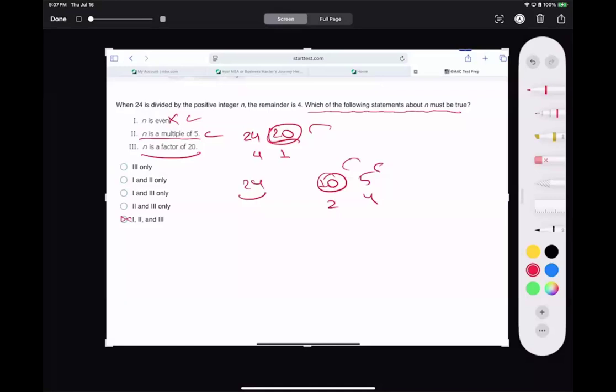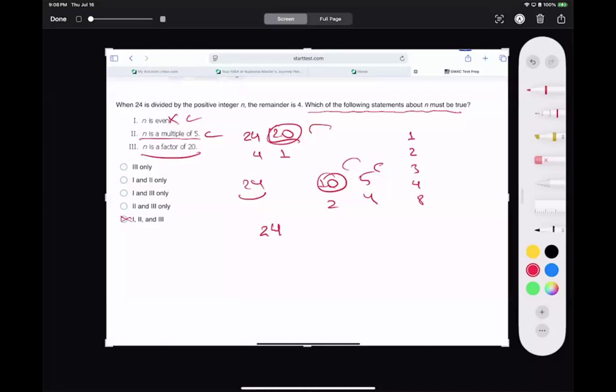Anything else? Okay. So 24, what would I do? The divisors are 1, 2, 3, 4, 8, 12.